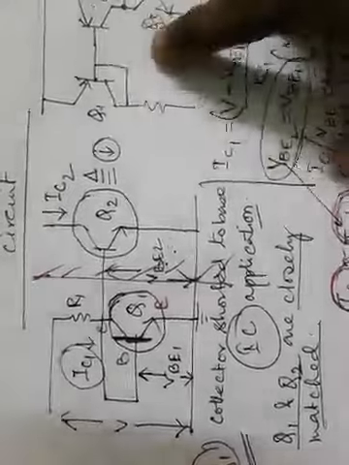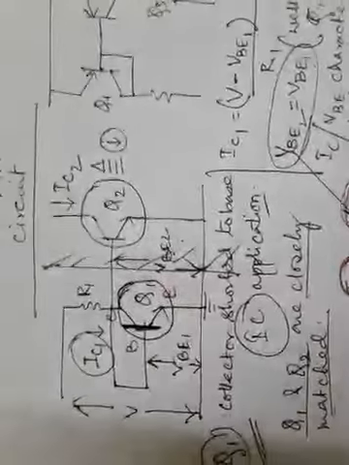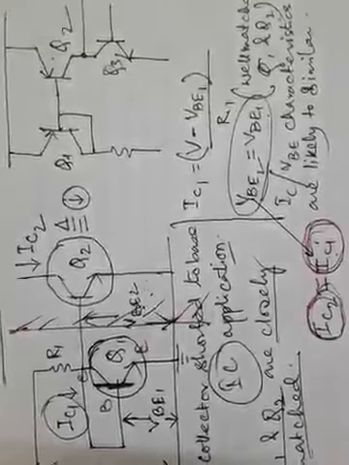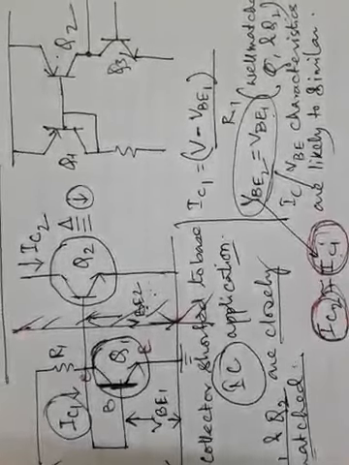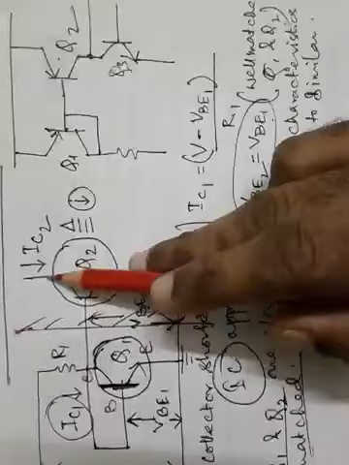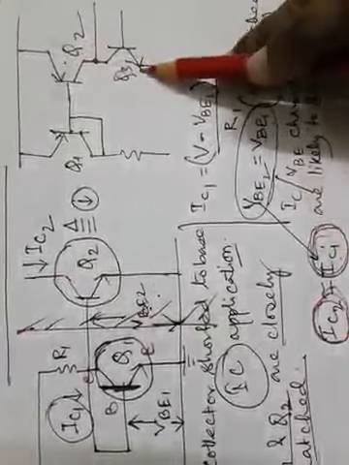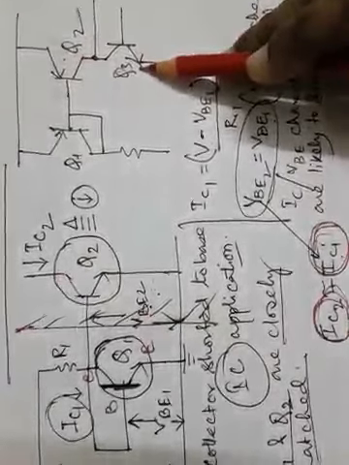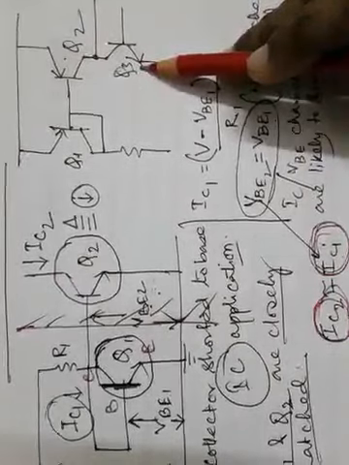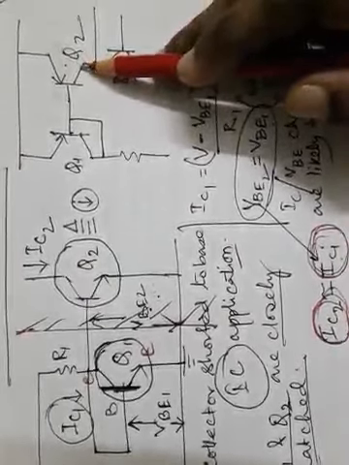So here in this second diagram we can see that a constant current source is substituted in place of a collector resistor. At this area a collector resistor should have been present for Q3, but we have not placed any collector resistor over here.